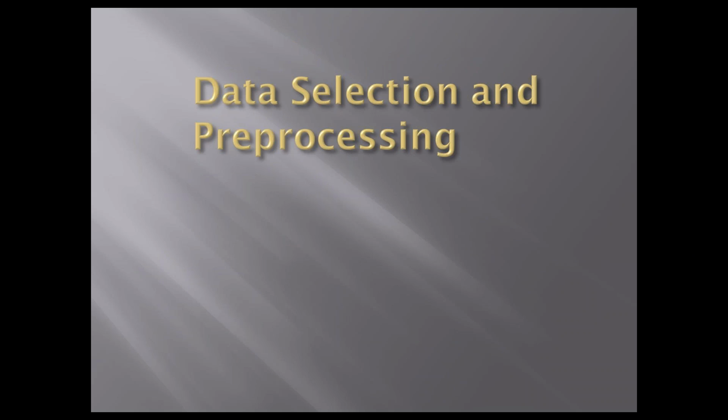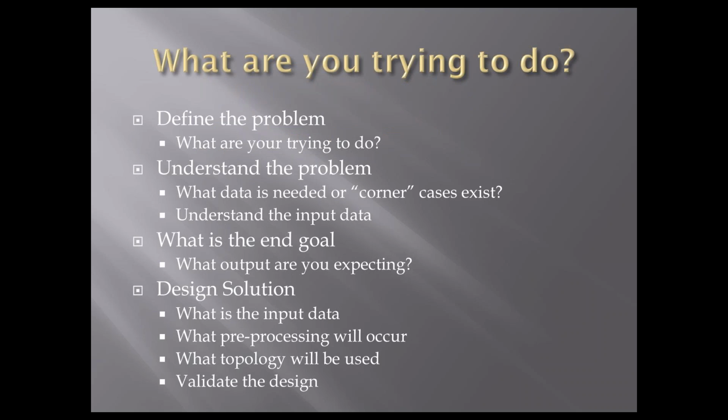We'll talk a little bit now about data selection and preprocessing. The most critical part, and sometimes people forget this, is you need to define the problem. Some people try to jump right in and start throwing data together without a clear understanding of what they're trying to do. So make sure you have a good idea of what you're trying to accomplish. You need to understand that problem. You need to understand what data might be needed and what corner cases might exist.